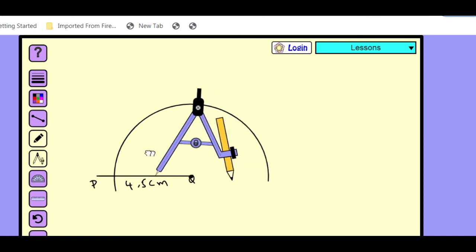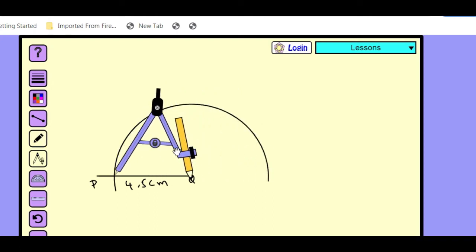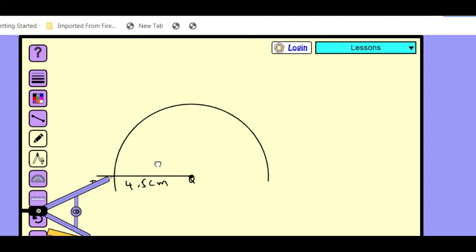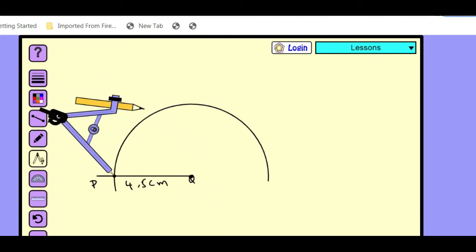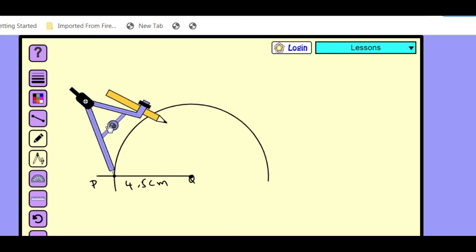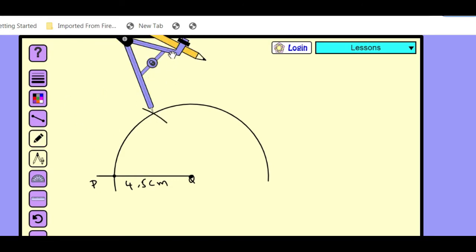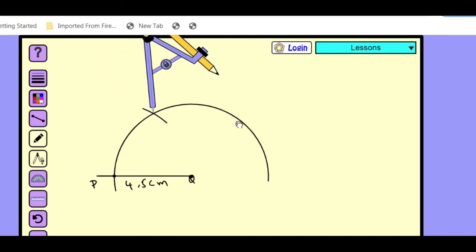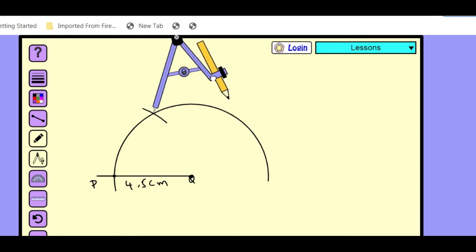Next, with the same radius, with the 60 center, draw another arc which cuts the previous arc.